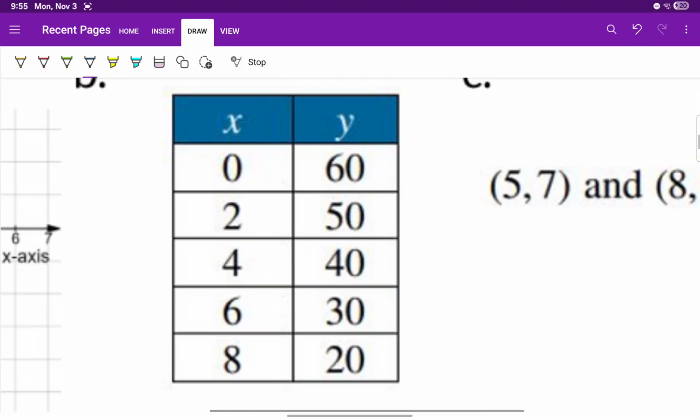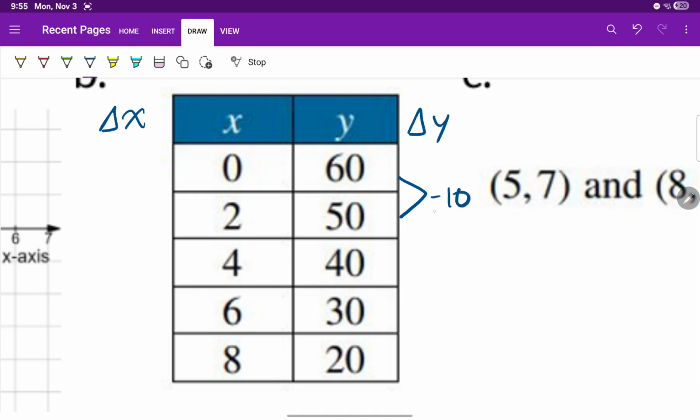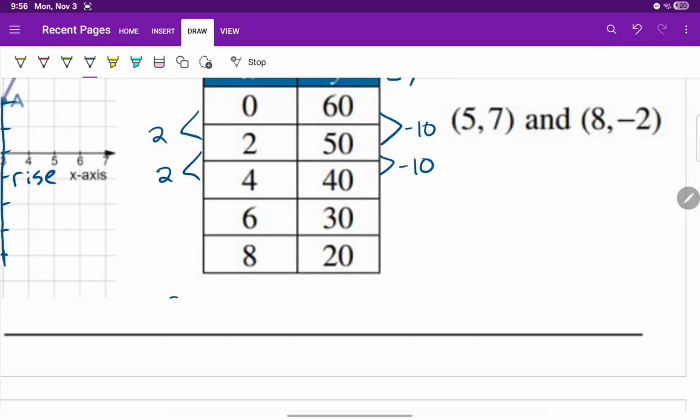My next one, again, we're going to go through this a little quickly here. We are going to find my change in y and compare that with my change in x. What is each variable changing by? On the right, we see that we're changing by -10 each time. On the left, we can see that we are changing by 2 each time. Your slope, in this case, is equal to rise.